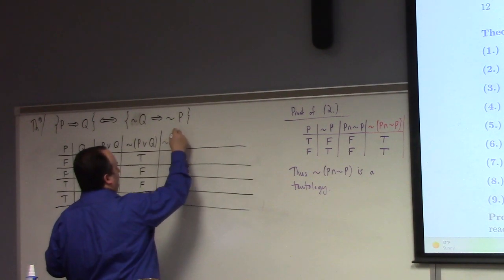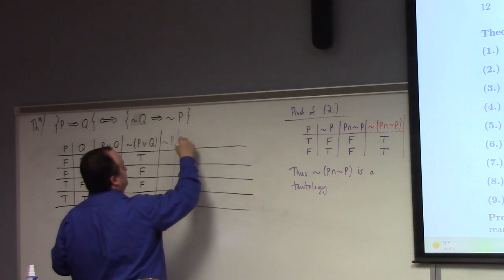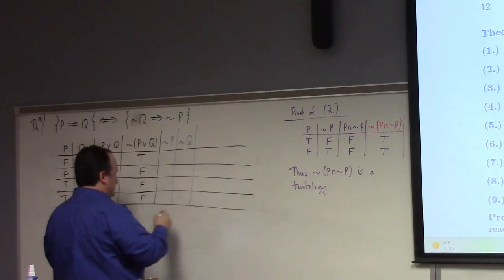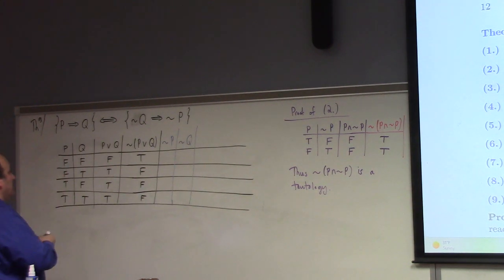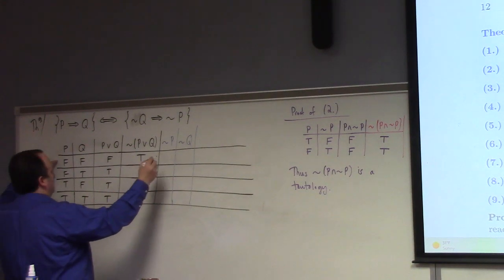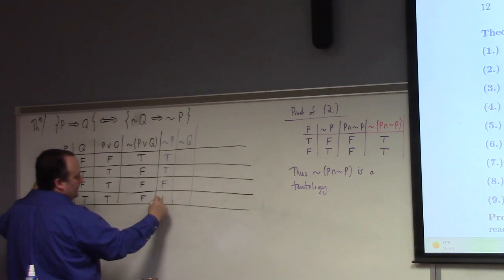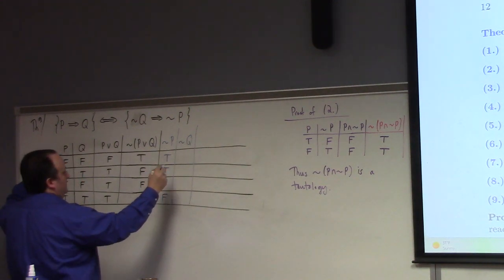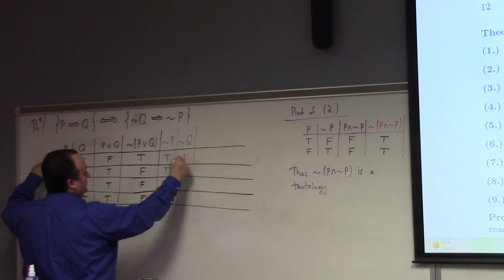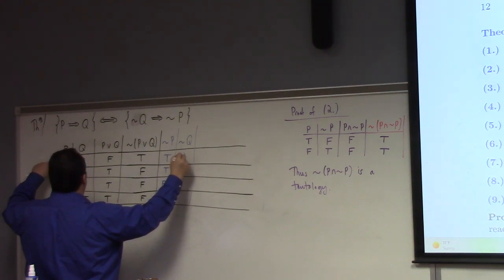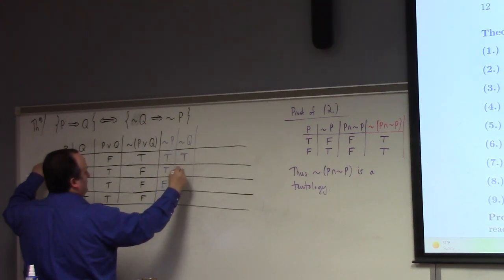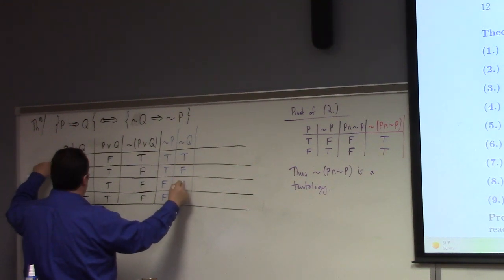Not P, not Q. So not P is true, true, false, false. Not Q is true, false, true, false.